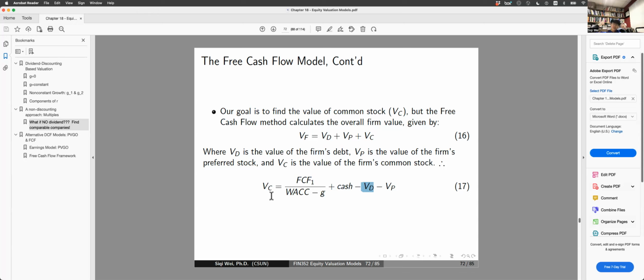Magically, without assuming the dividend payout, we establish the stock price. So these are two important approaches to establish the stock price without assuming dividend payout.